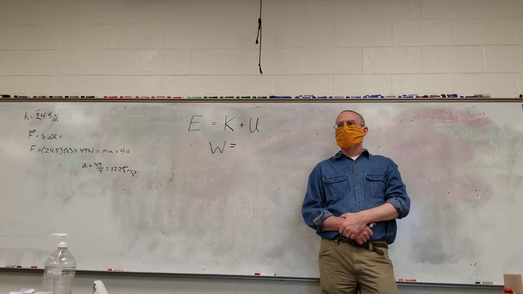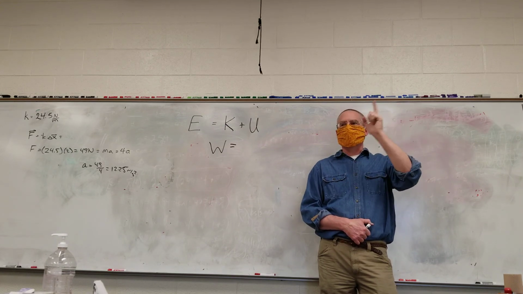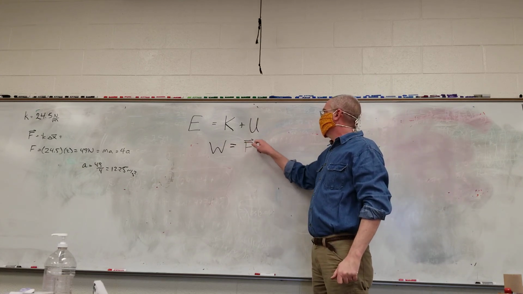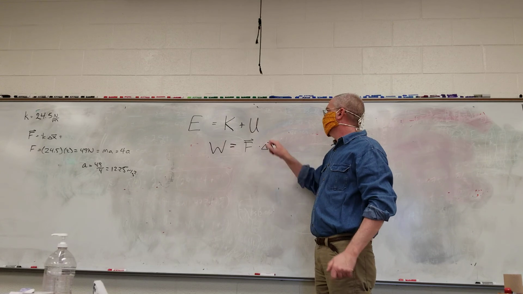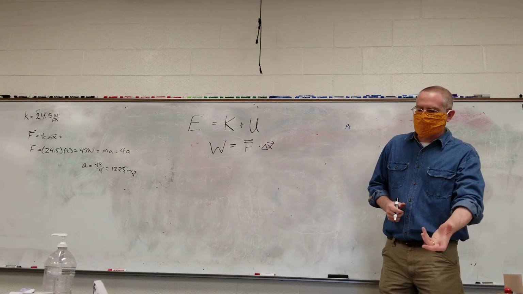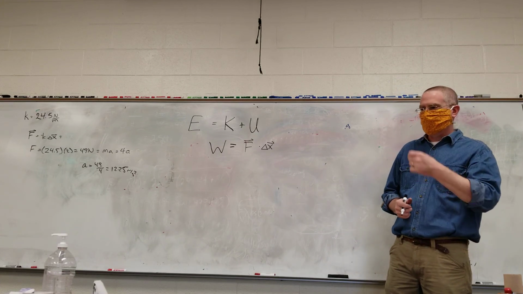It's force times displacement, not distance. So work is force times displacement. While it was going up, the gravitational force was doing negative work, and when it was coming down, it was doing positive work, and ultimately, no work at all was done.